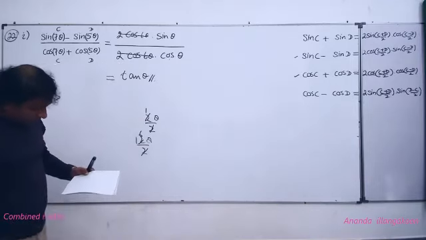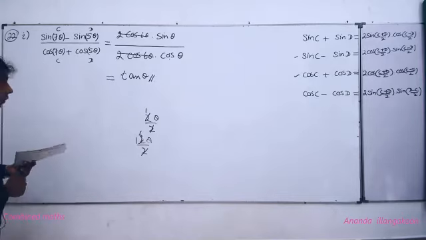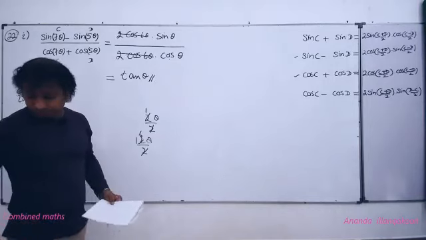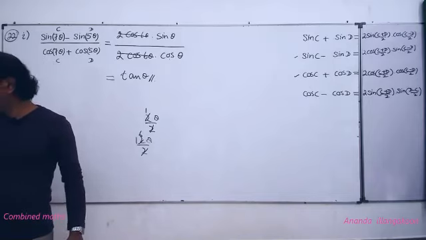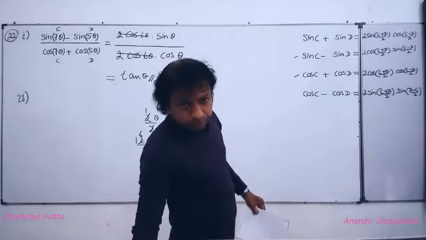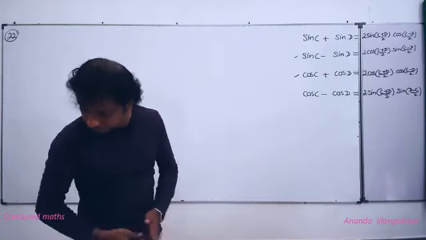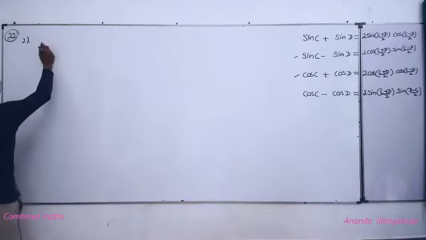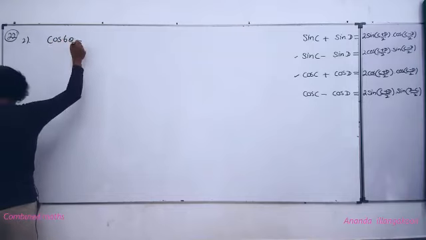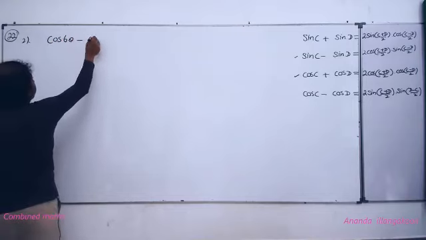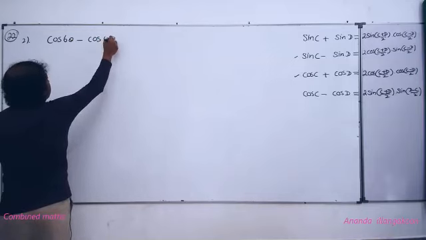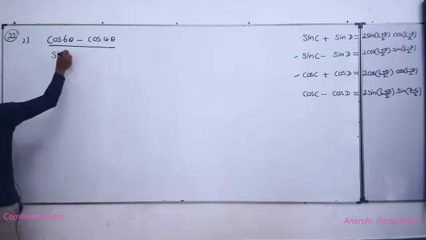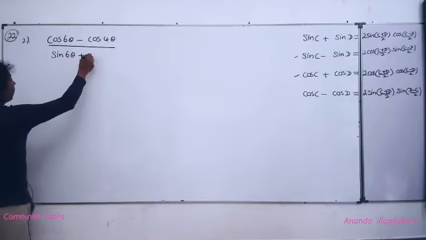Right, take question number 22, part 2. They were given cos 6 theta minus cos 4 theta divided by sin 6 theta plus sin 4 theta.